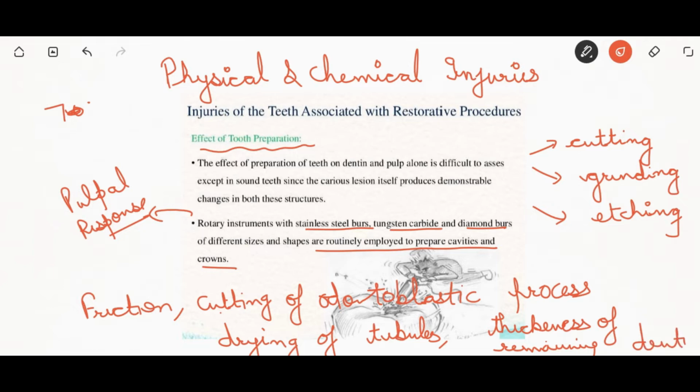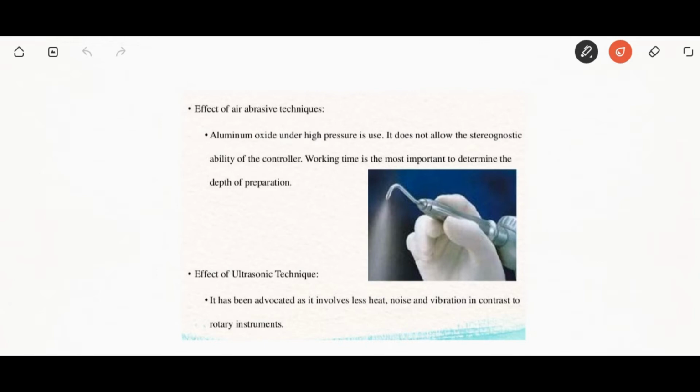as we know that extraordinary amount of heat can be generated by revolving, cutting and grinding instruments that are used in tooth preparation. Around 700 degree Fahrenheit temperature is recorded on the cutting surface.